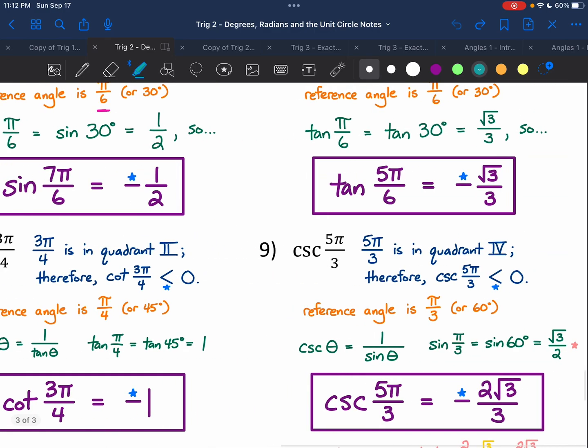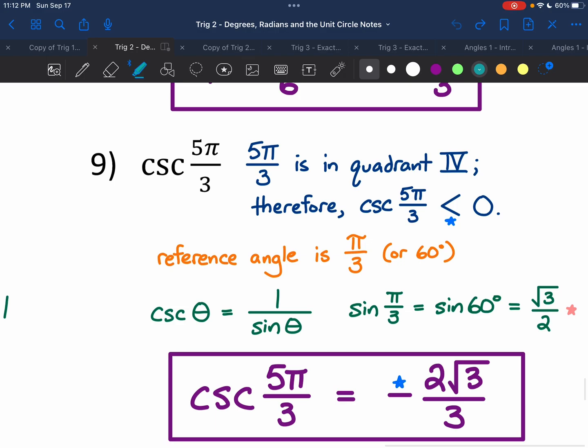Some of your fractions, though, in the unit circle will be a little bit challenging, namely the reciprocal of root 3 over 2. Those are the ones that look the ugliest, but the nice thing about it is you don't actually have anything that cancels, so negative 2 radical 3 over 3 looks like a lot, but in the end, it's not quite as much work as you might think. You don't have to worry about keep, change, flip.